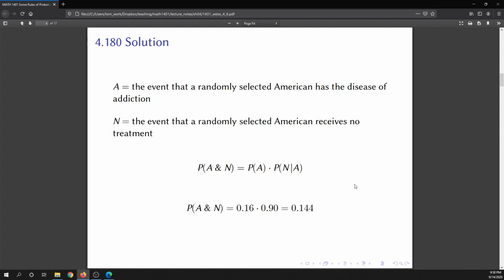First off, I'm going to let A be the event that a randomly selected American has the disease of addiction. And then I'm going to let N be the event that a randomly selected American receives no treatment.